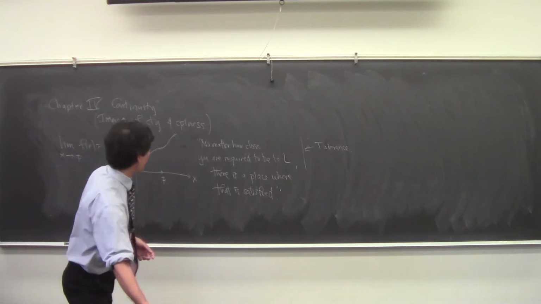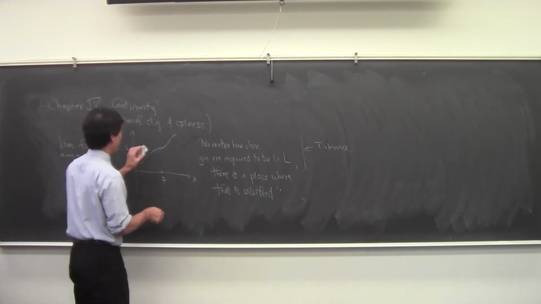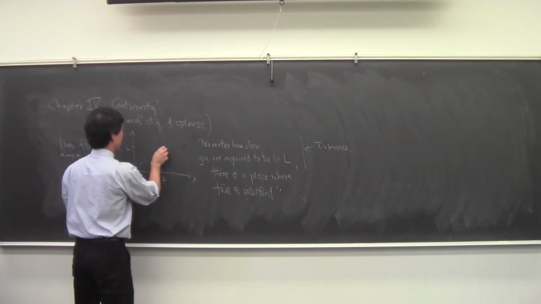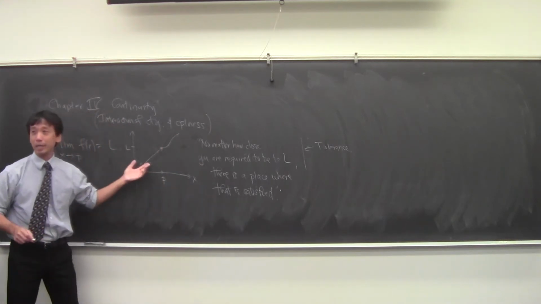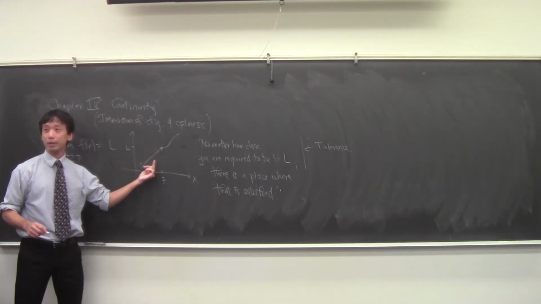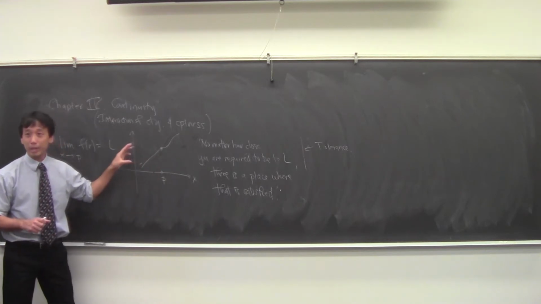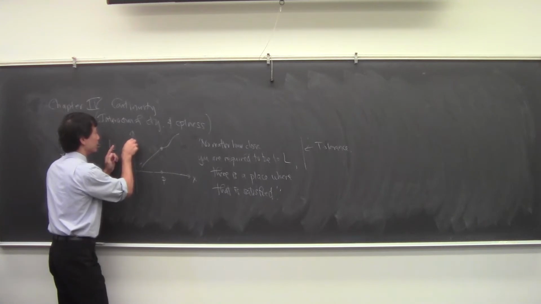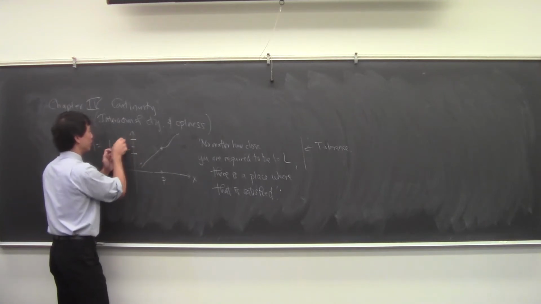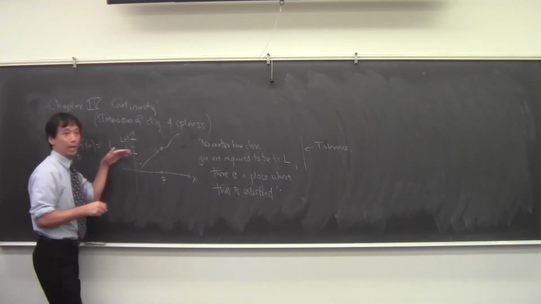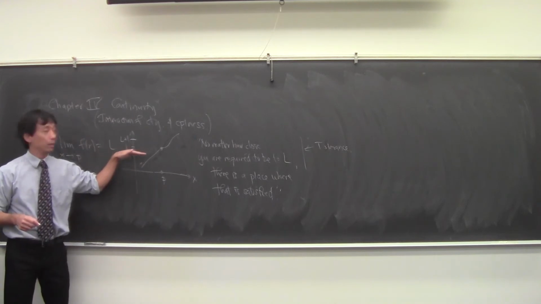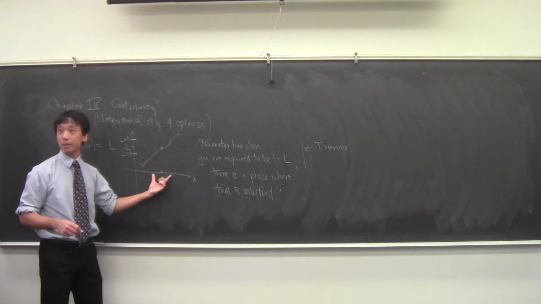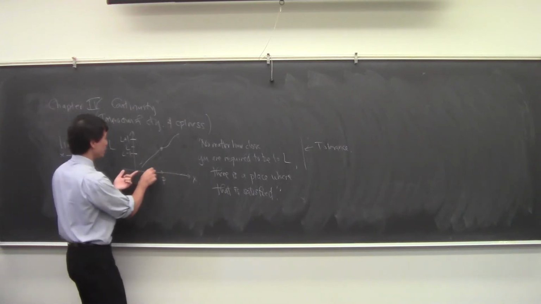So let's think about this picture. This is what you think of when you think the limit is L. But the opposite way of thinking about it is like this. If somebody says I want you to stay between L plus 1 and L minus 1, within 1 of L, can you find a place where that happens? Yeah, sure.